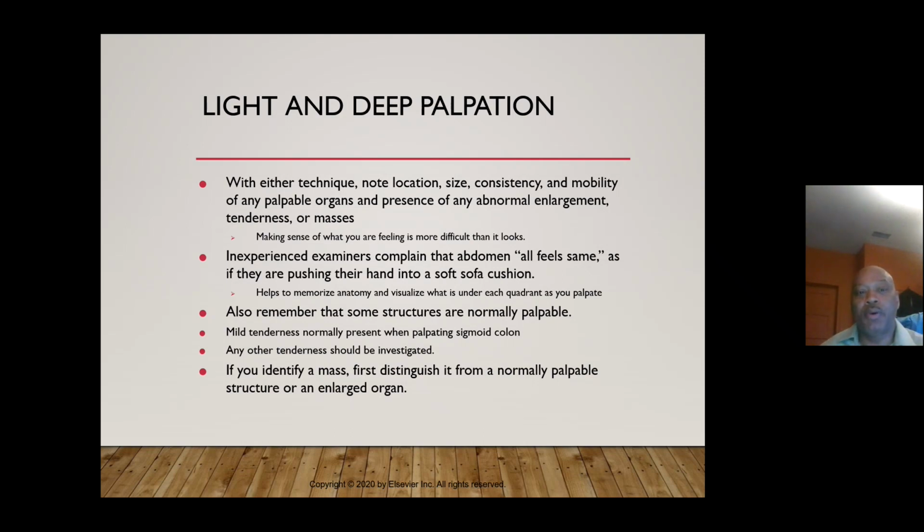Because let's say, for example, you're assessing the right upper quadrant, is it the liver? Is it the gallbladder? Or whatever the different organs in that particular region. So we have to keep that in mind. You have to visualize this and of course memorize what is in those areas, which will give us an idea of what additional tests may be warranted.